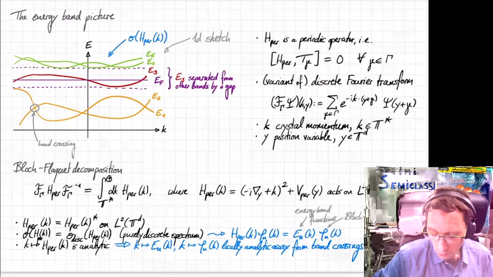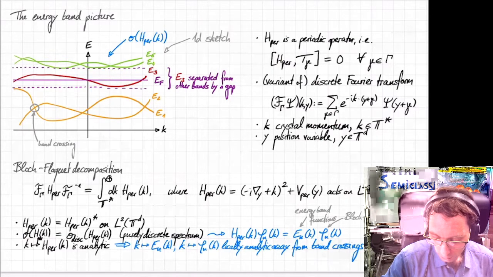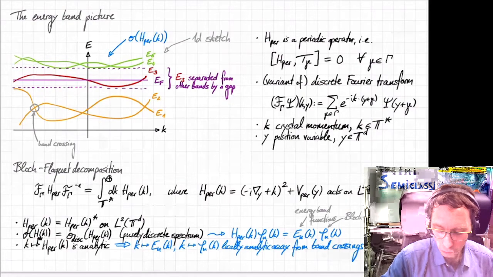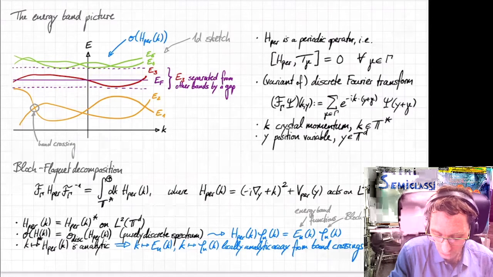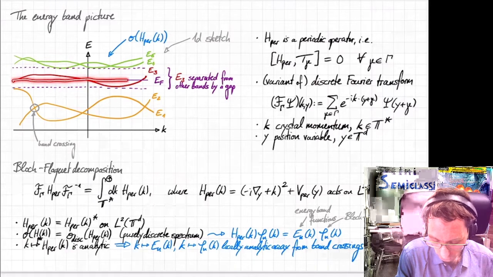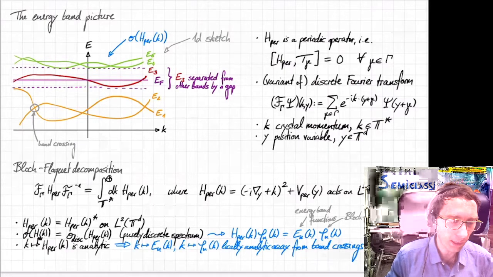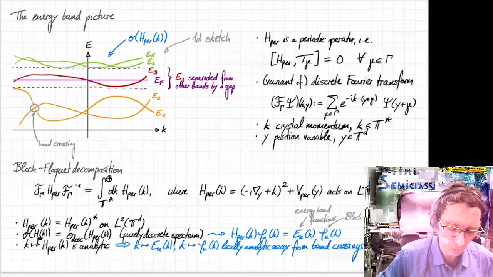And what we are interested in is semiclassics. To simplify the setting a little bit, we will assume that the characteristic energy, the Fermi energy, only intersects a single band. This is not necessary, but it simplifies some of the explanations later on.